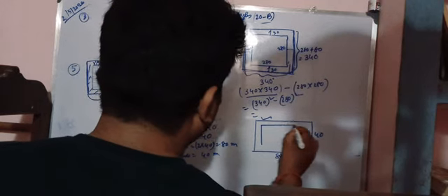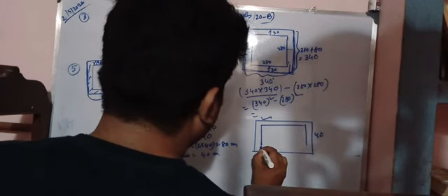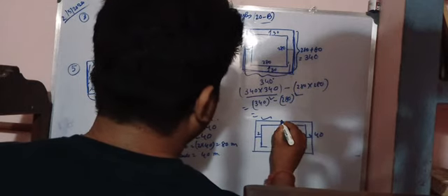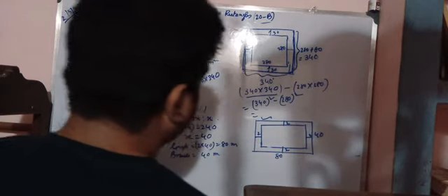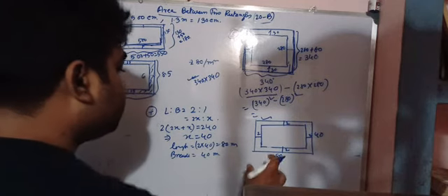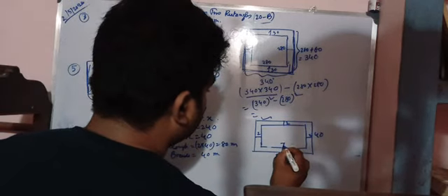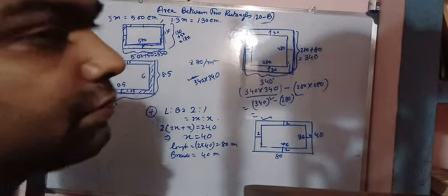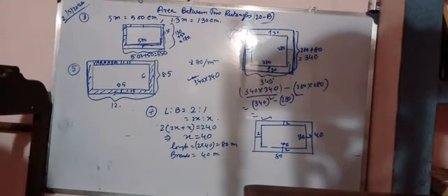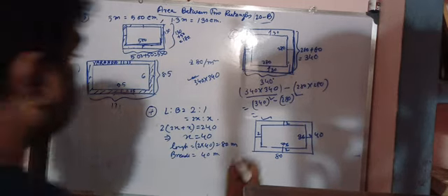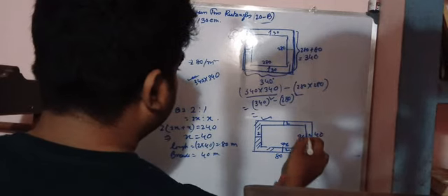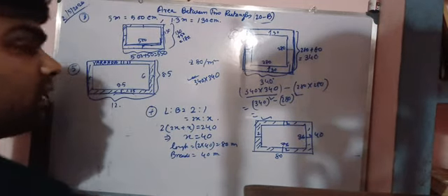That is here, this is 2, this is 2. So my inside length is 76 and this is 36. Okay. So you can easily find out the area of the path.